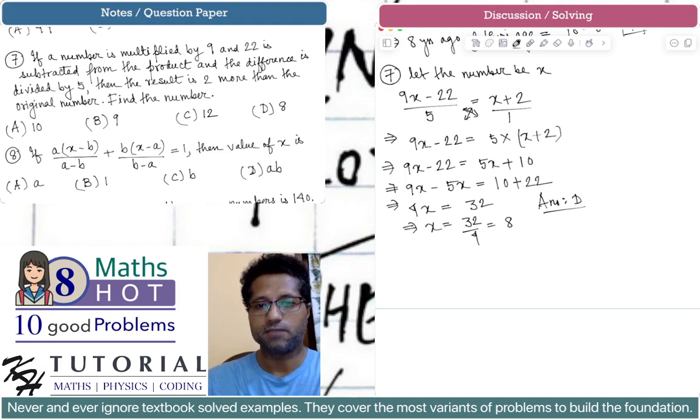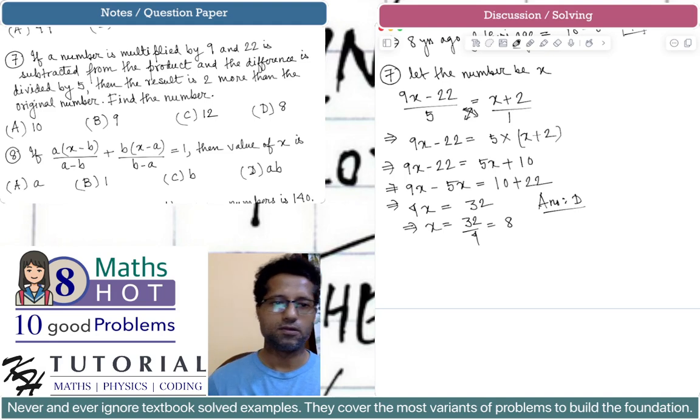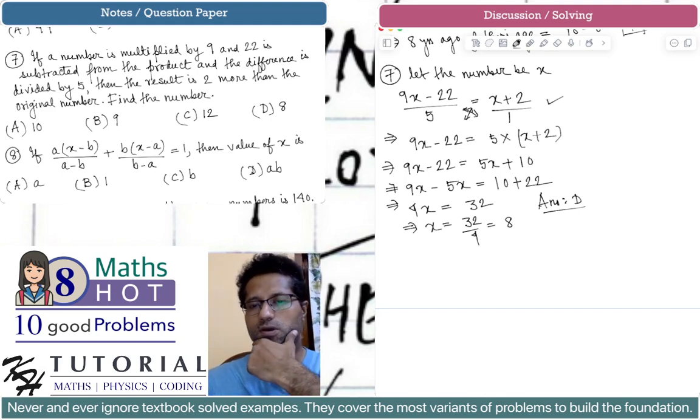The difference is divided by 5, so the result becomes 9x minus 22 by 5, and this result is 2 more than the original number, meaning it is equal to x plus 2. So we got this equation, and from here you can either do cross multiplication or multiply both the LHS and RHS by 5. You will get the same solution.